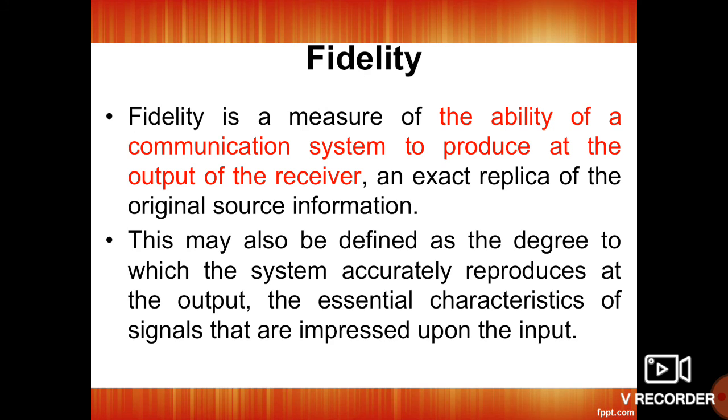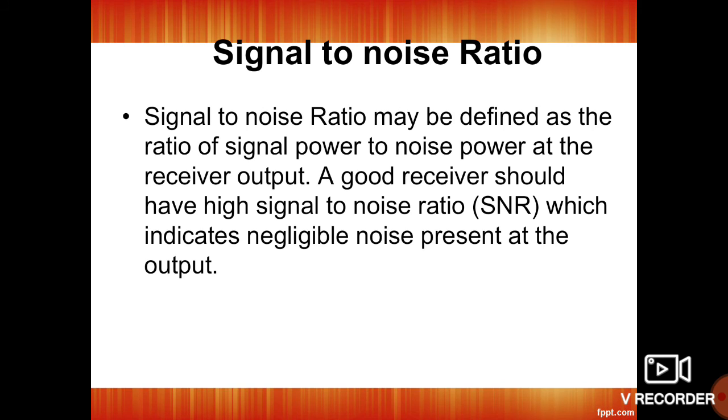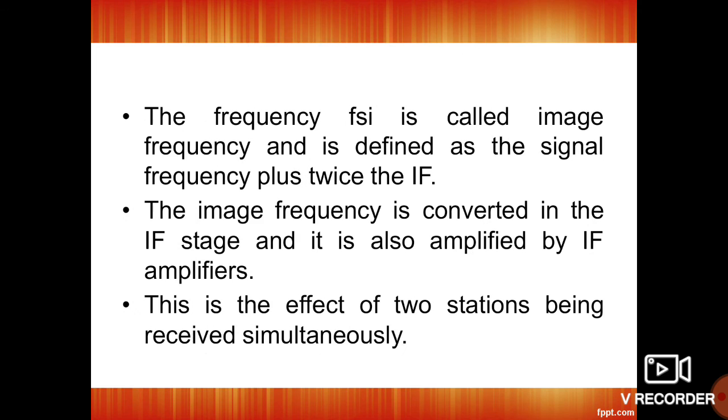Fidelity of the receiver is the ability of the communication system to reproduce the output of the receiver. Signal to noise ratio is simply the ratio between signal power and noise power. Output signal to noise ratio is the output signal power to the output noise power.